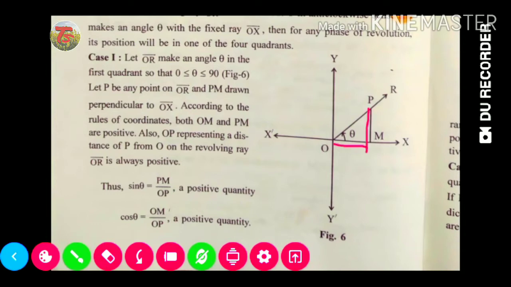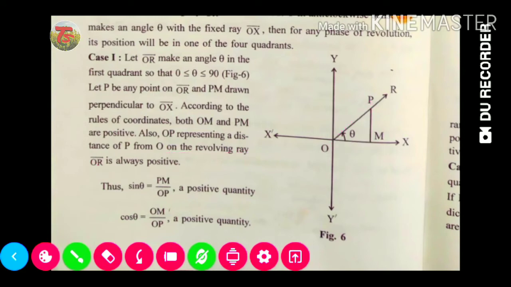PM also will be positive. Also OP is representing the distance of P from the origin O on the revolving ray. OR is always positive. This line you need to remember, because in future we need this. It is very important. So OP will always be positive.